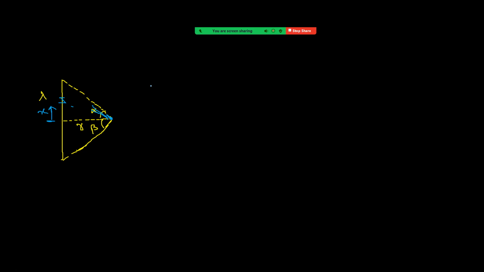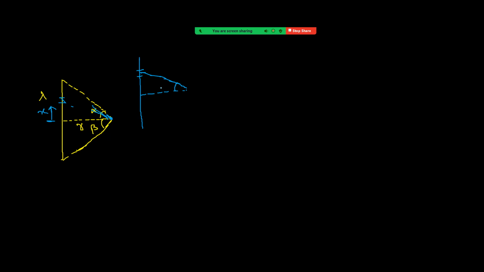Otherwise, take the diagram separately. Right. We are taking here at some distance x an element of length dx and join that point to this point.